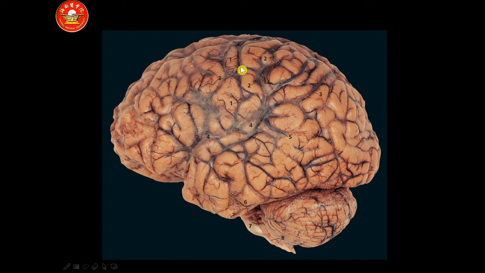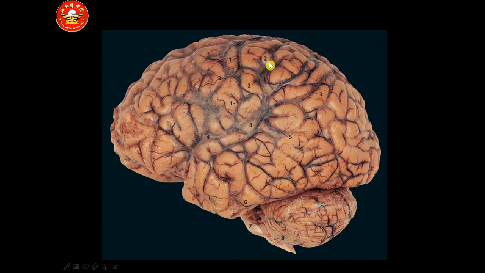So let's talk about number 1, representing the Rolandic artery, because this is present at the central sulcus. The central sulcus is also known as the Rolandic sulcus, so the artery has the same name, Rolandic artery.